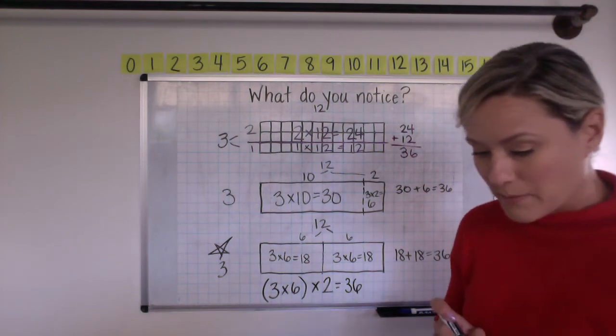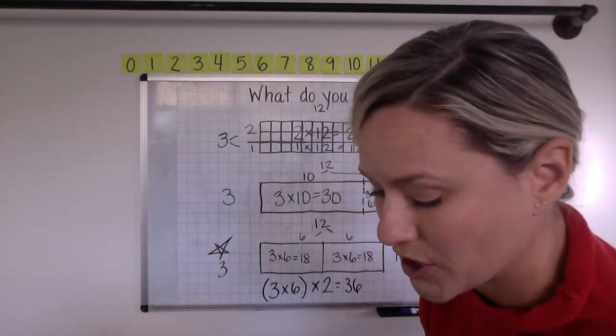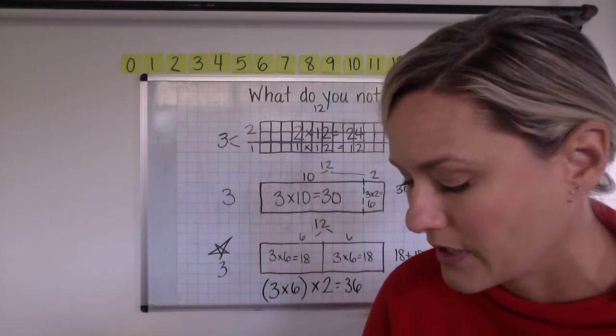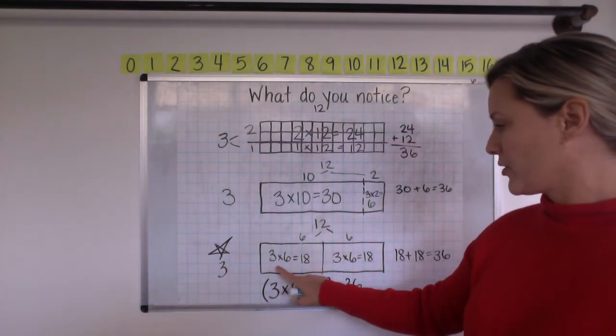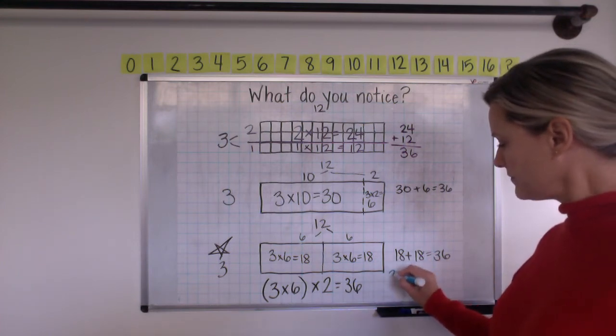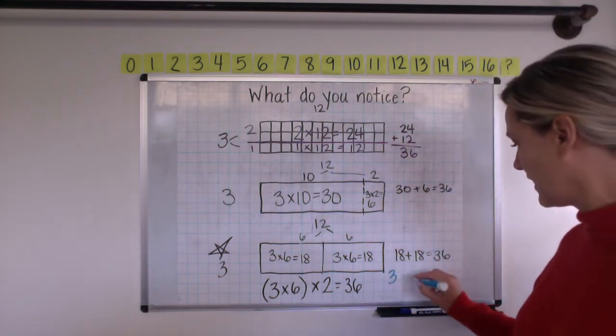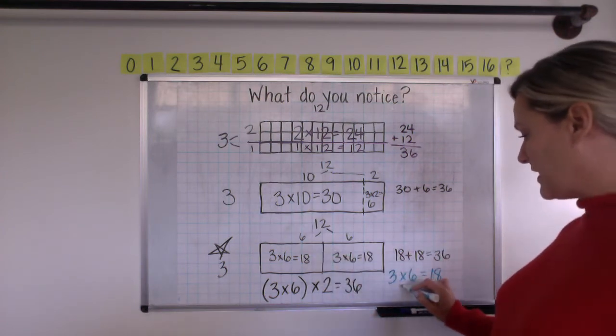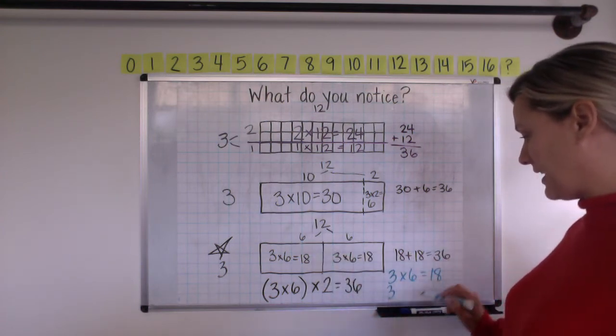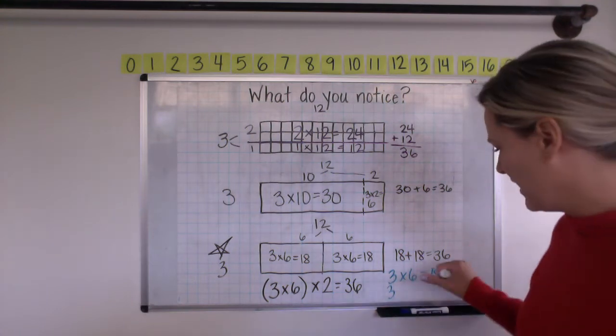Or maybe some of you said, I'm going to change my color so you can see it's a different equation. Maybe some of you guys said, I did 3 times 6. Can you see this? I'm checking. Yes. 3 times 6 is 18. And then I just did it again. 3 times 6 is 18. Now, but that's not in one equation.